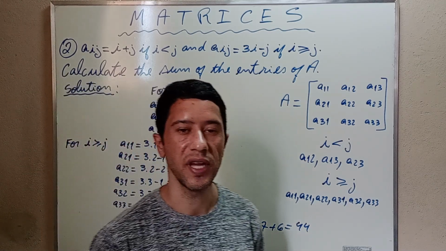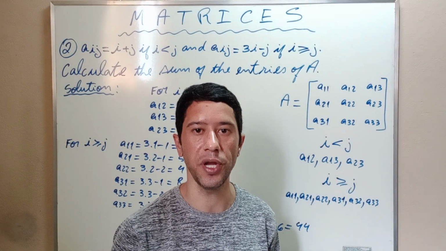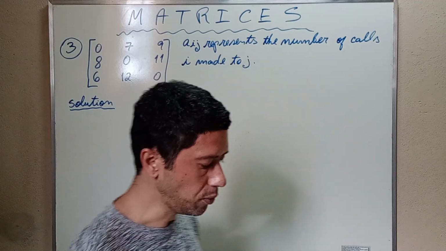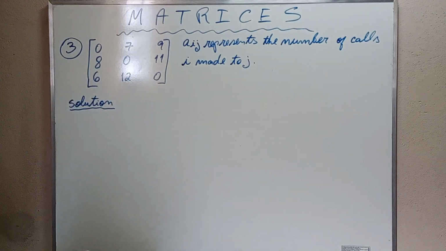Let's go to the next. Exercise number 3 now. 3 people whom you call 1, 2, and 3 telephone each other a lot. In the matrix, each entry Aij represents the number of calls I made to J in the past week. The question: who received the most calls?